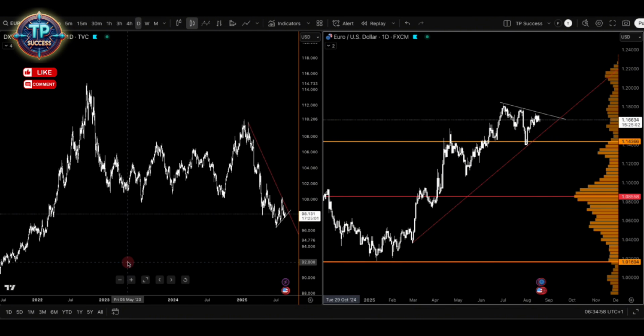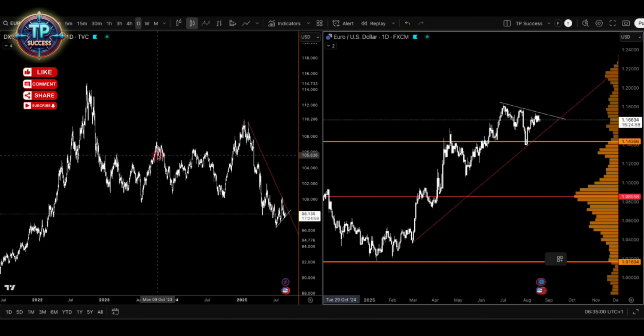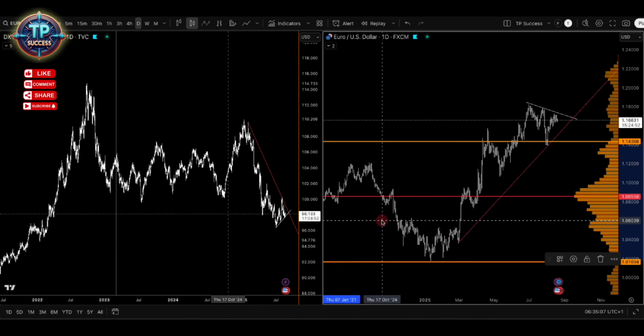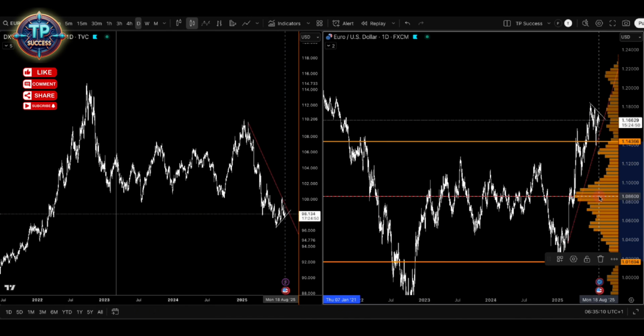So where did I drop the volume profile? Let's say I dropped it from here. Let me see where the volume profile goes back to.